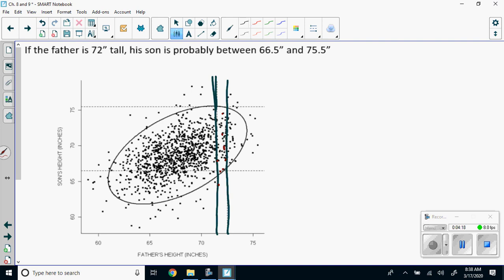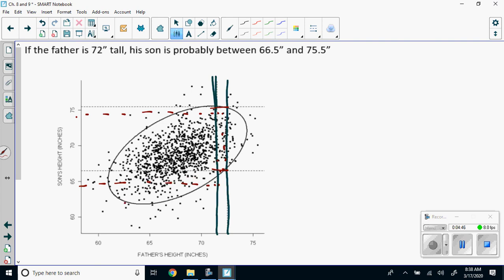With the son's height, we've got everything down here from 64 inches all the way up to 74 inches. But most of them fall within this range. So we're going to say the son's height is between 66.5 and 75.5. We've got one outside here, but most of them are within that range.